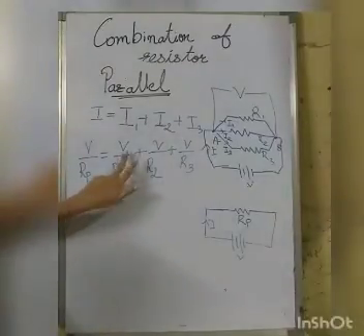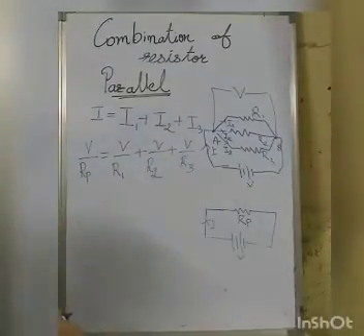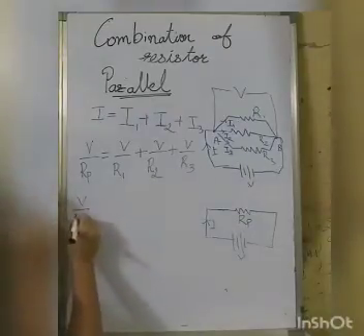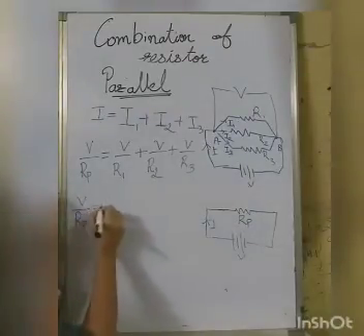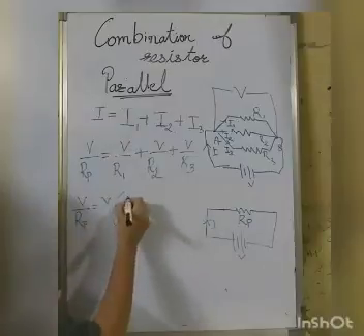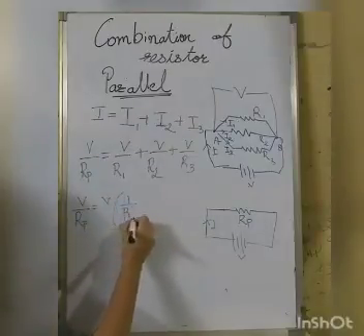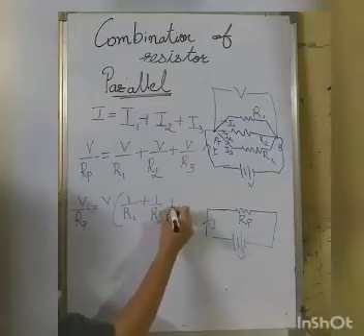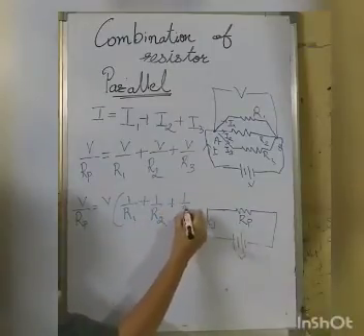Right. Now see, here you can see V. V is common. We can take it out. Obviously we can take it out, right? V by Rp equals V in the bracket, 1 upon R1 plus 1 upon R2 plus 1 upon R3.